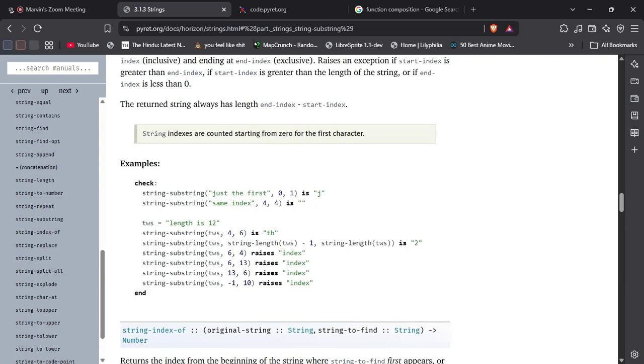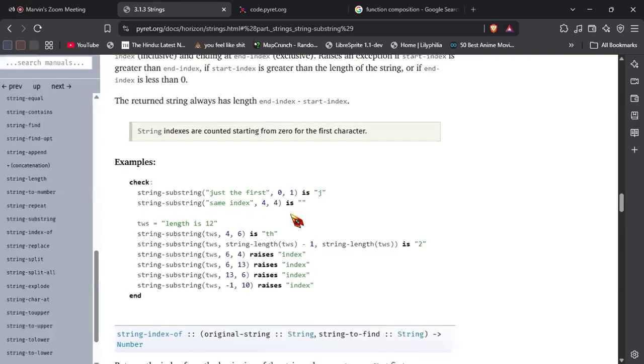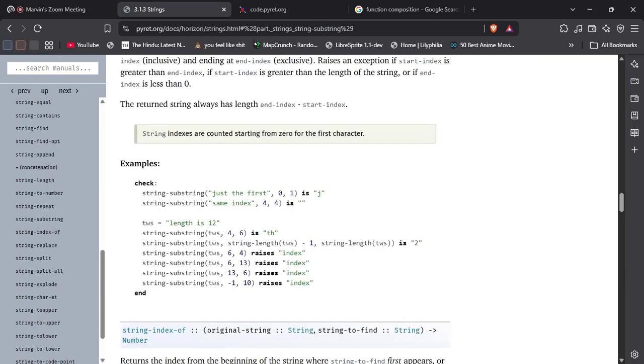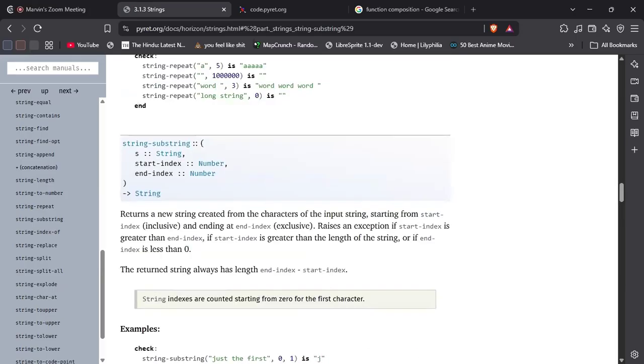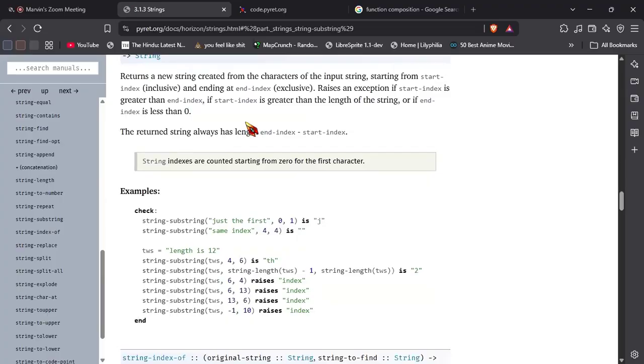I think this would work, but I don't understand the numbers here. What are they for? Okay, so let's read the description. What does the description say? That's the paragraph at the top.